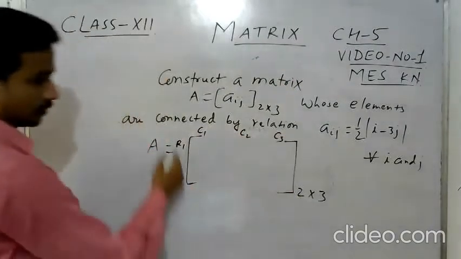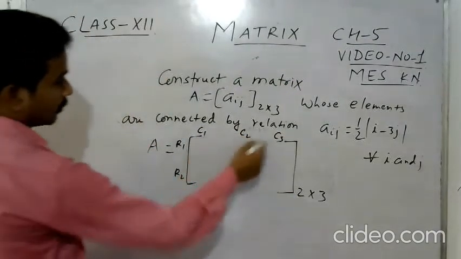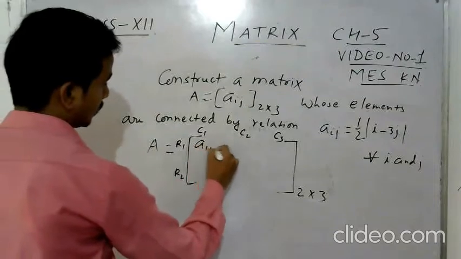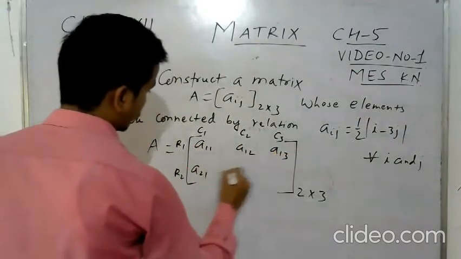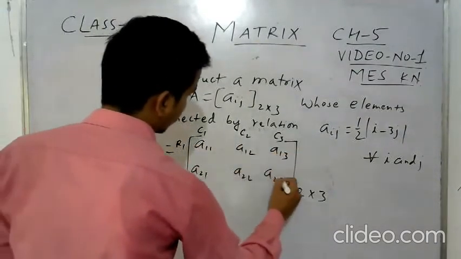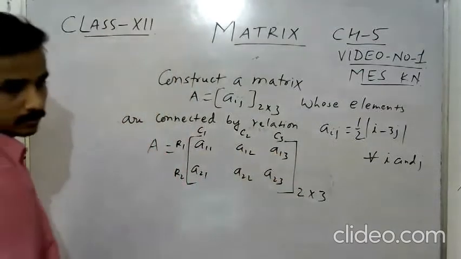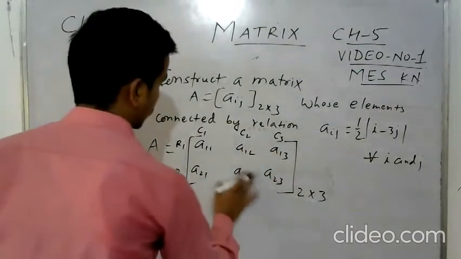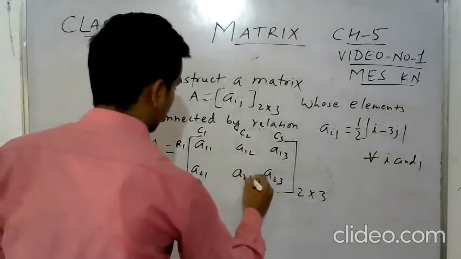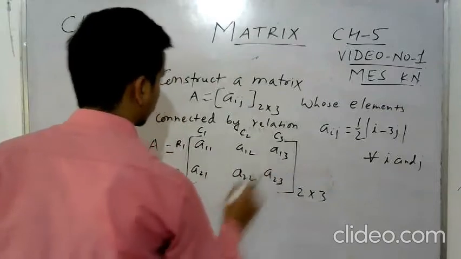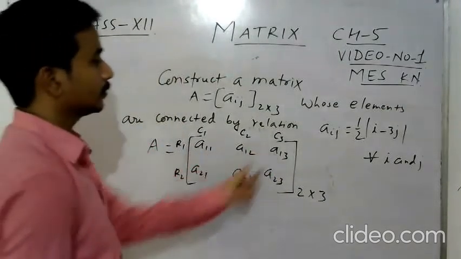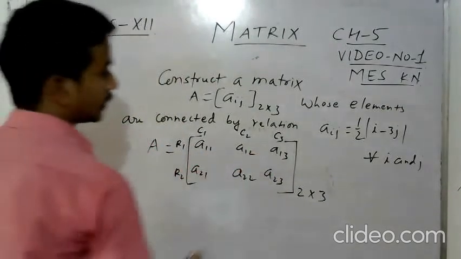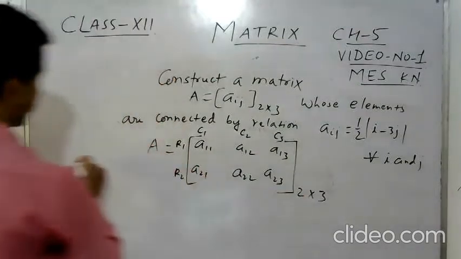The elements will be A11, A12, A13, A21, A22 and A23. So this is the matrix. Now you have to find the values of these elements. So how will you find the value of A11? With the help of this relation.